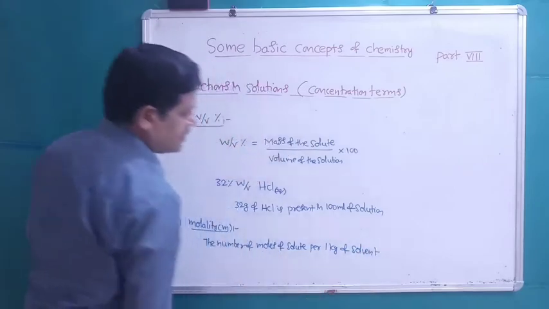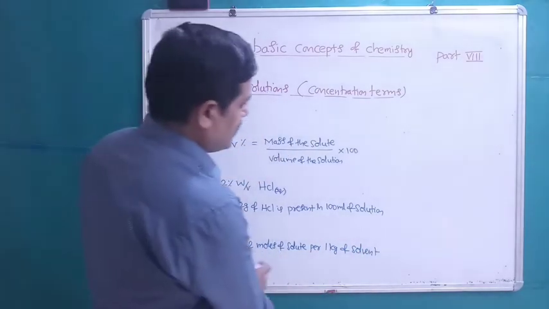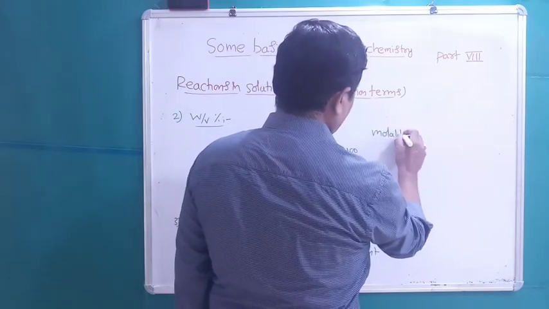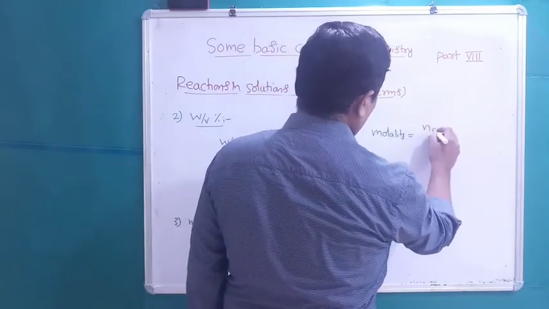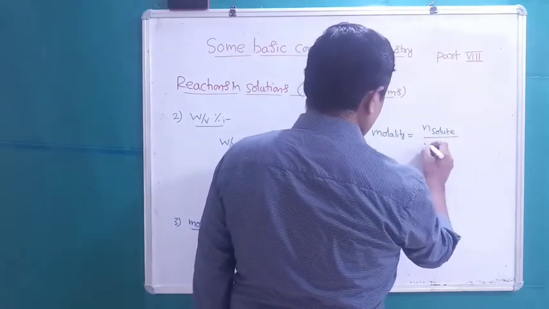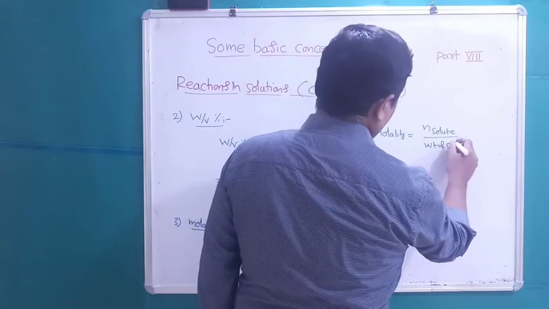So the formula we can write is: molality is equal to number of moles of the solute divided by weight of solvent in kilogram.